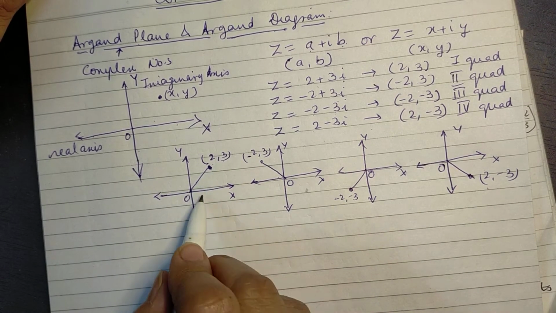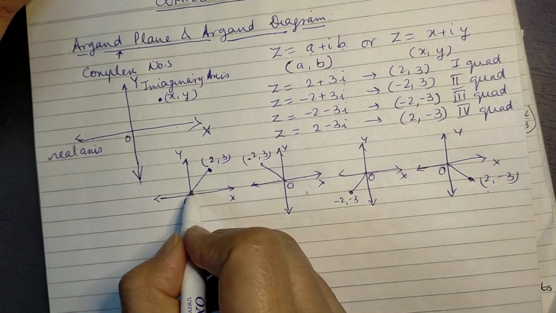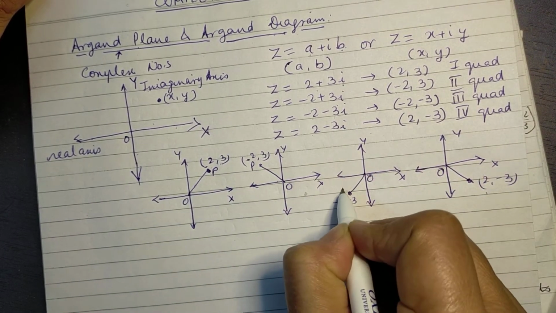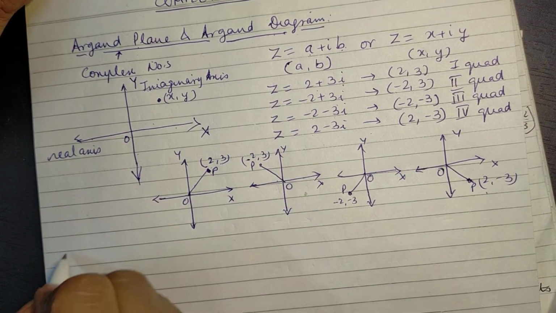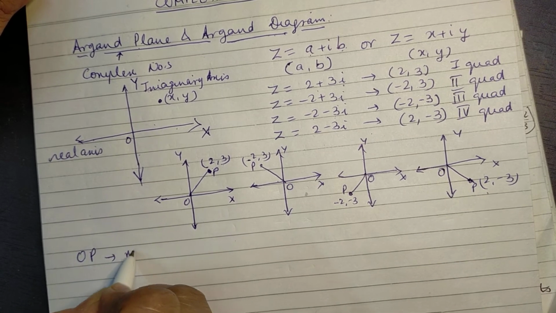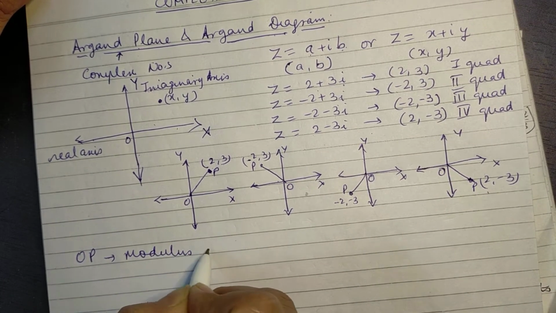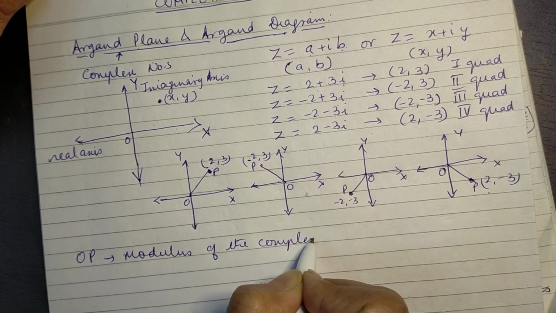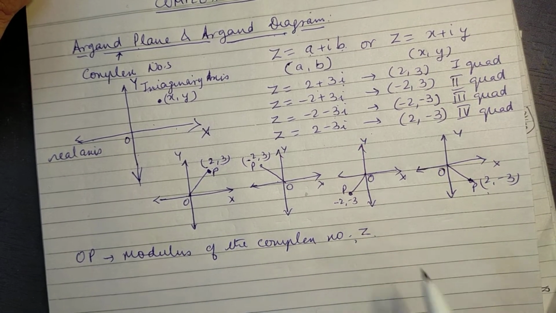Now, the distance from the origin to any point is called the modulus of that point. Suppose we denote the point by P. Then OP is called the modulus of the complex number z.